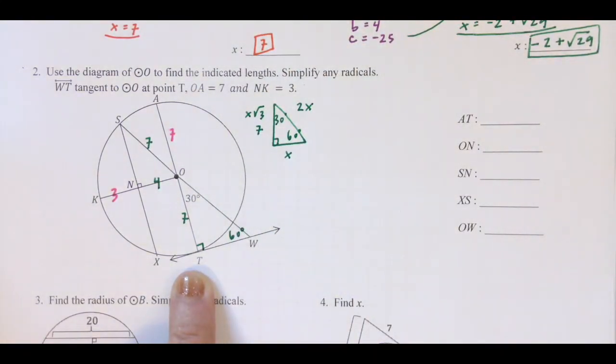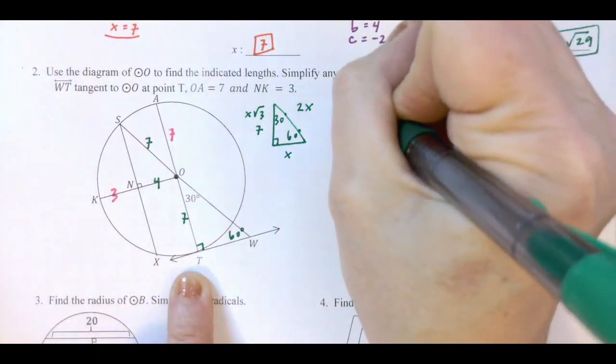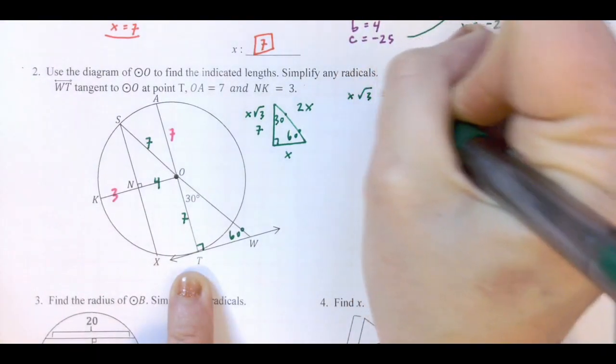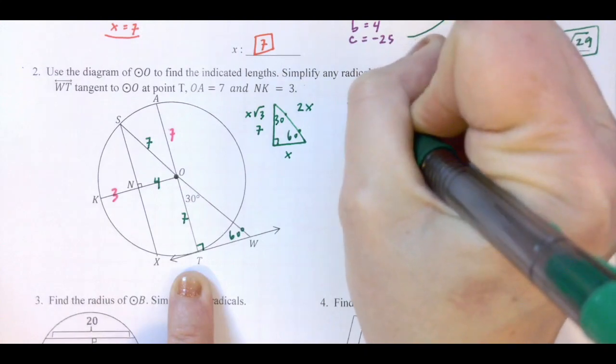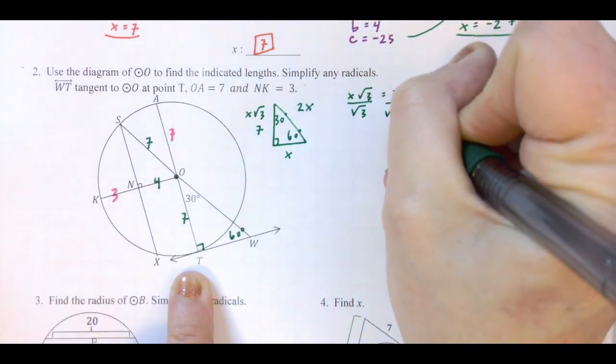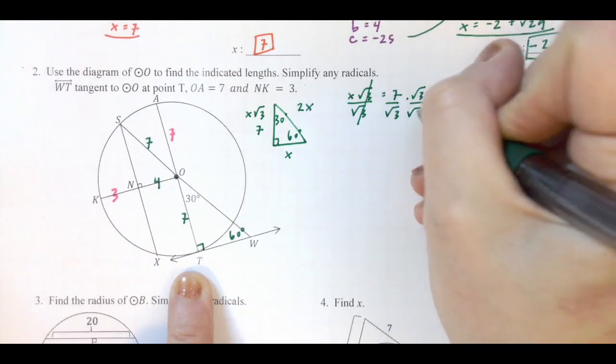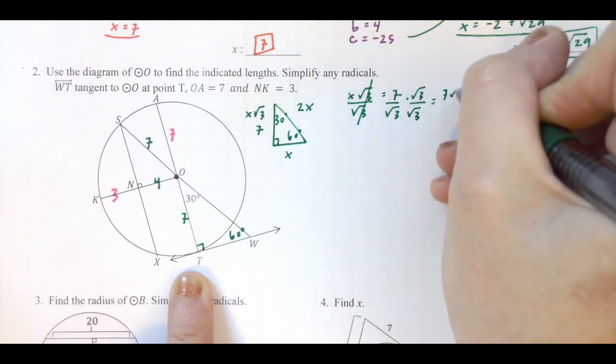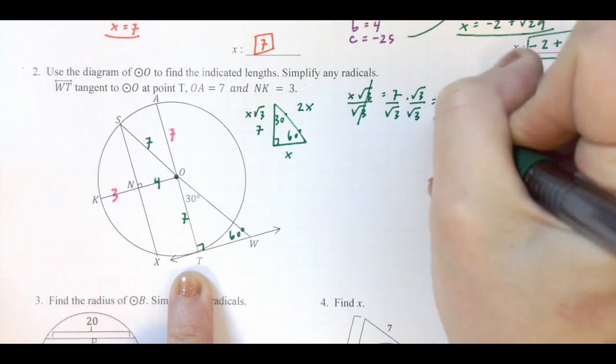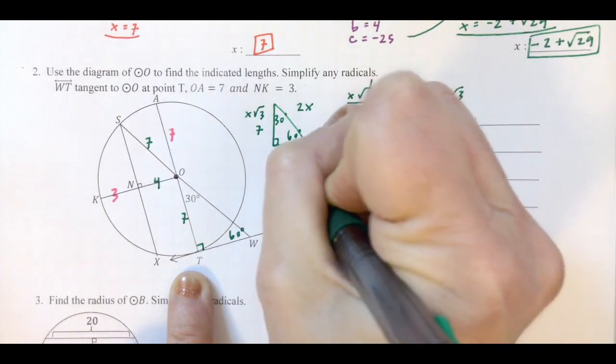So if I'm trying to solve for x, I can say x root 3 equals 7, but I'm really dividing by root 3, and then I'm rationalizing, multiplying by root 3 over root 3. So 7 root 3 over 3. That is going to be this side right here.